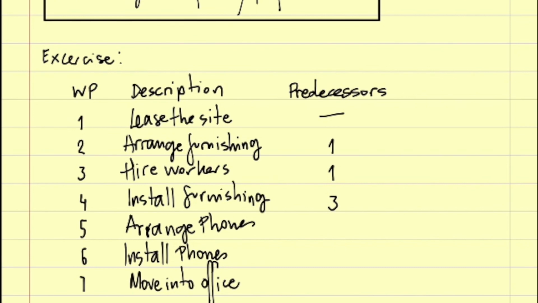Predecessor for number 5 is 1. Here the predecessors are 4 and 5. And here the predecessors are 2, 6, and 4. And the durations of these are 1, 5, 1, 2, 1, 1, and 2.